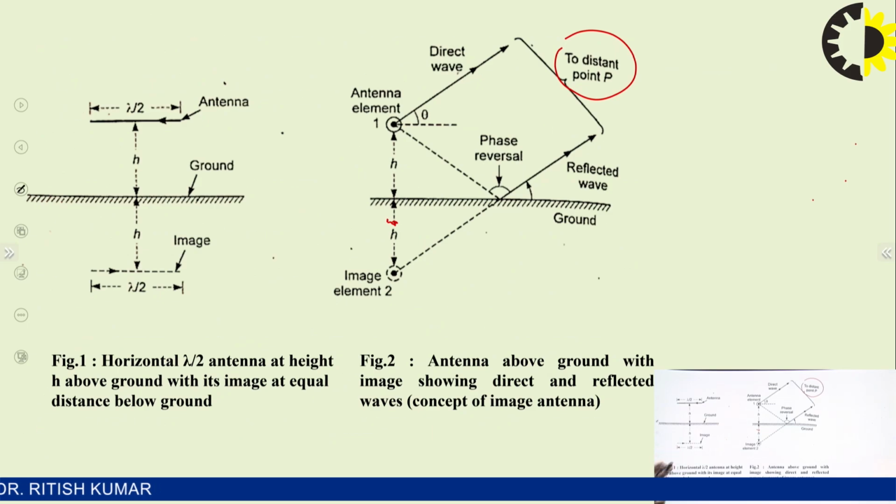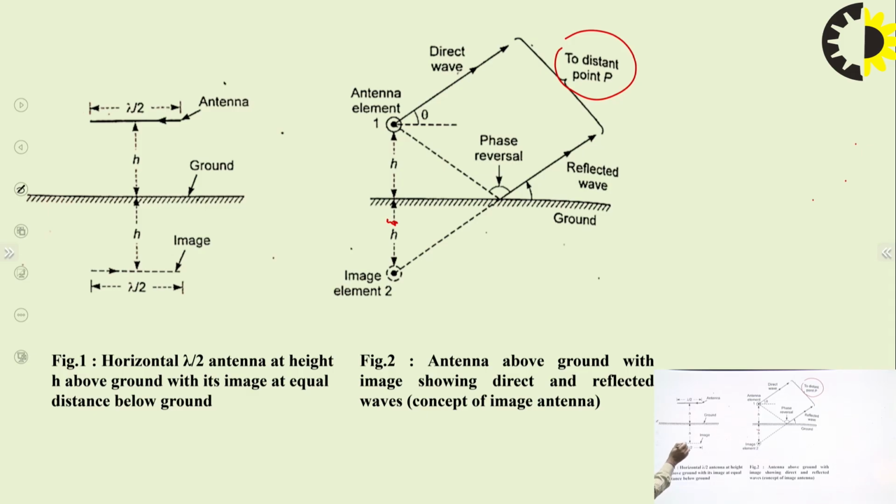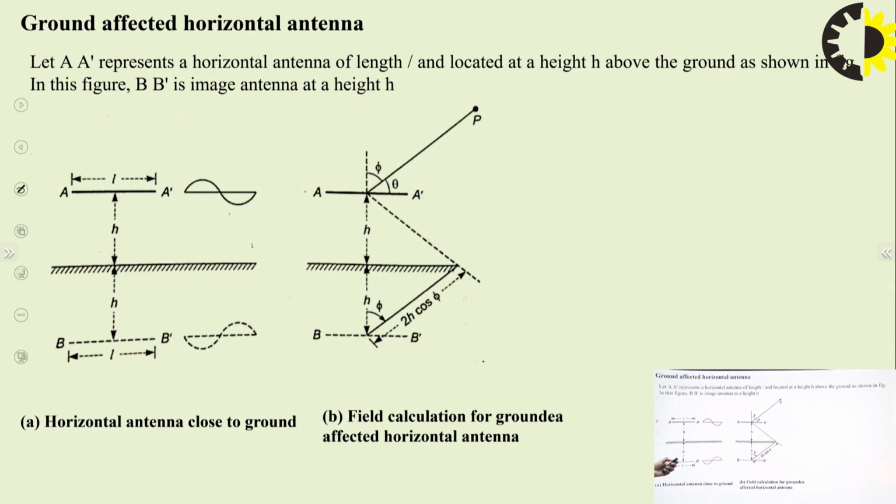You can see here the direction of current, and this is the direction of current below, in the image element 2. So this current distribution is 180 degrees phase shifted with respect to each other.